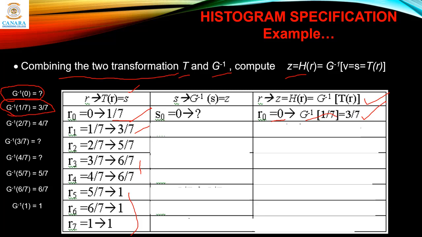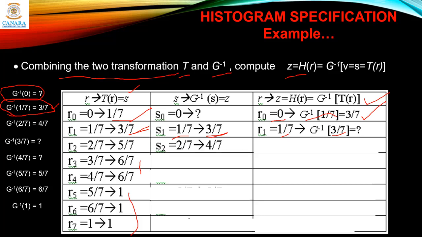Next row, S1 of 1 by 7, if you consider G inverse of 1 by 7 is 3 by 7. Okay, G inverse of 1 by 7 is 3 by 7 here, and for R1 equal to 1 by 7, so G inverse of T of R, T of R for 1 by 7 level is 3 by 7, so we need to write the value of G inverse of 3 by 7, so we'll leave it as question mark for time being.